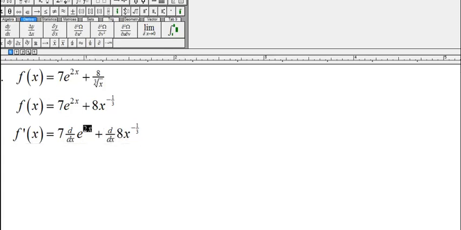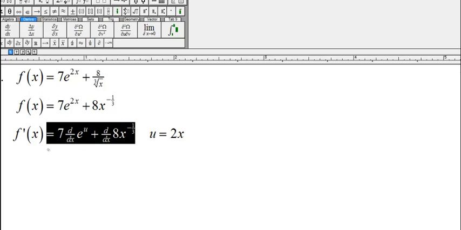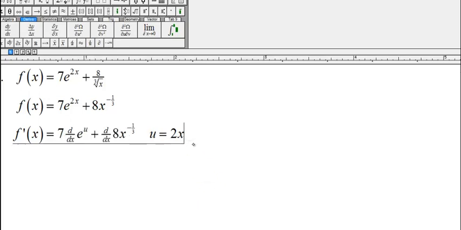And this part right here you want to think of as e to the u, where u is the 2x. Now when you think of it that way, then in fact we know how to do this.